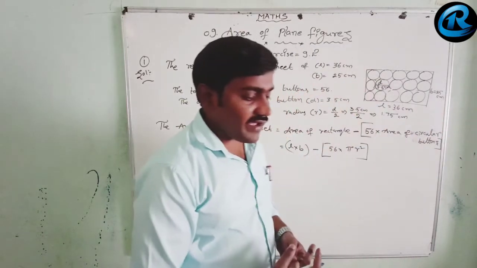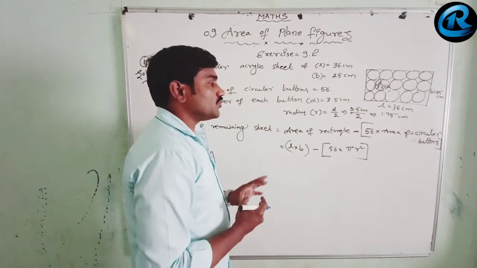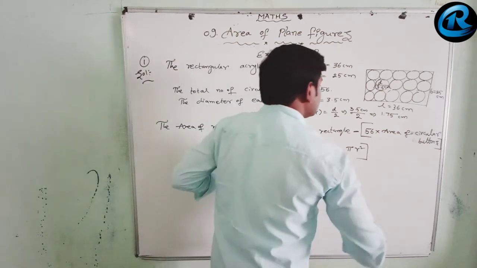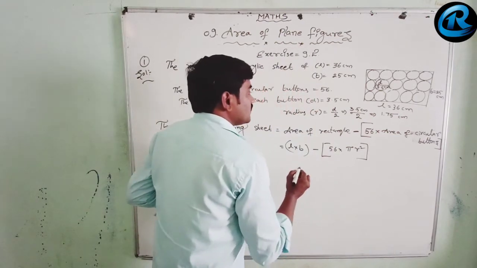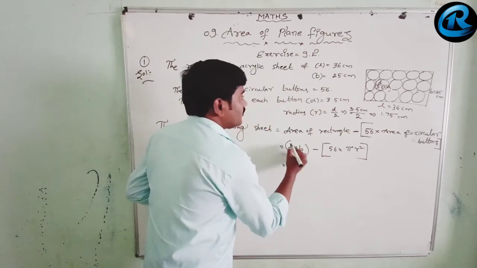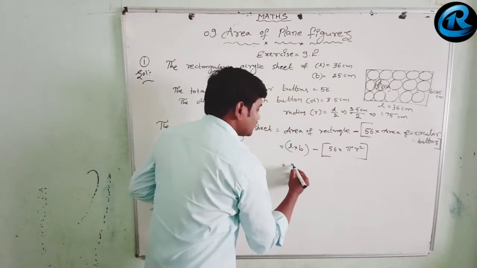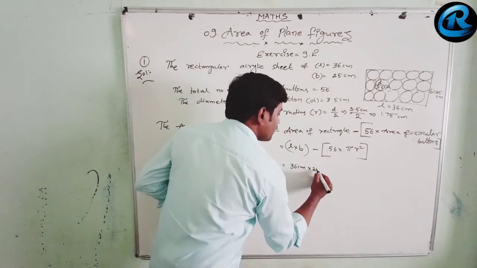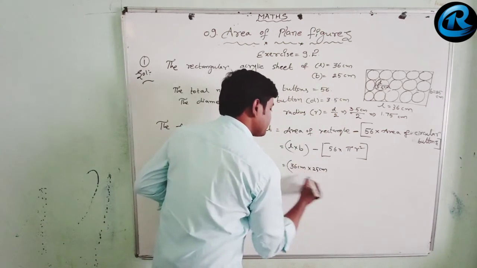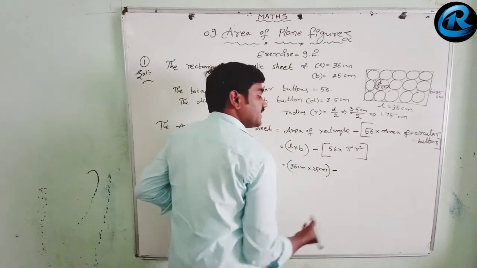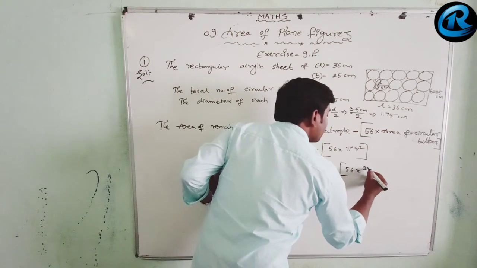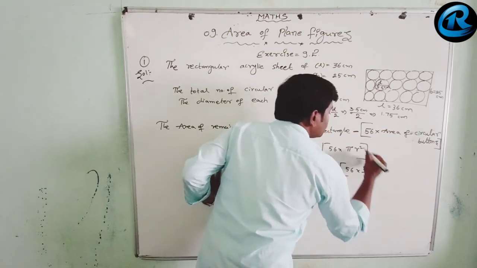No. So let us take the pi value as 22/7. Now first the L value is 36 centimeters into the B value 25 centimeters. From this we have to subtract 56 into pi value 22/7 into the r value.